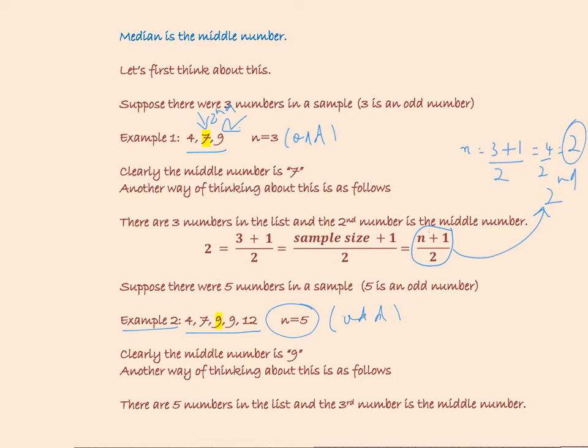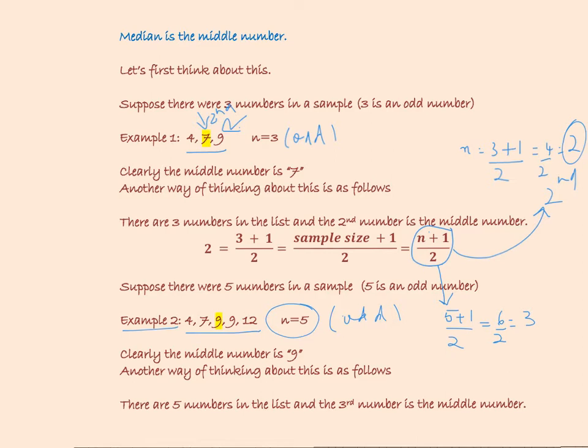Now let's see if the same formula we used here will work for us. So we have 5 numbers in the list. So n equals 5. 5 plus 1 divided by 2, so we are using the exact same formula, is equal to 6 divided by 2, which is 3.